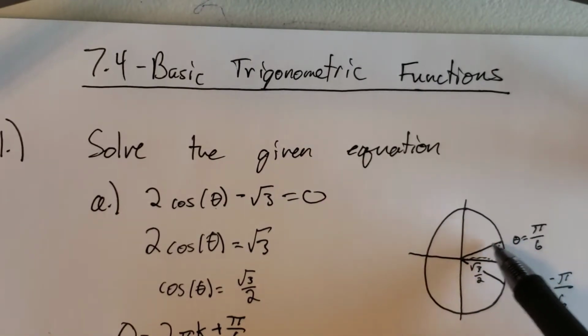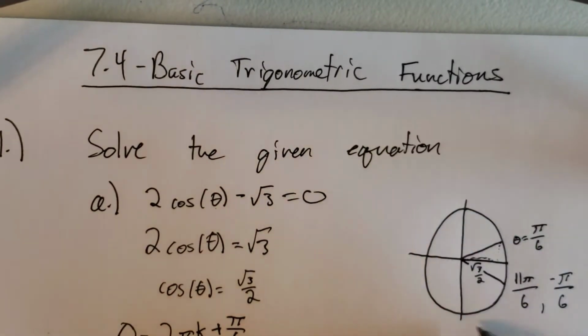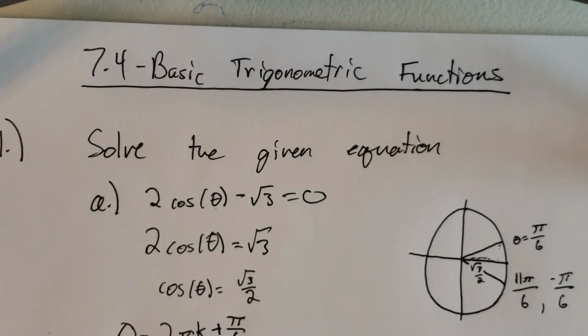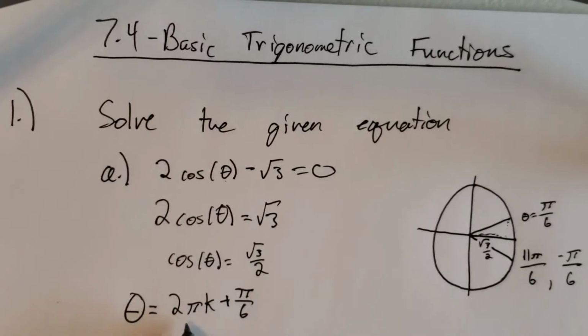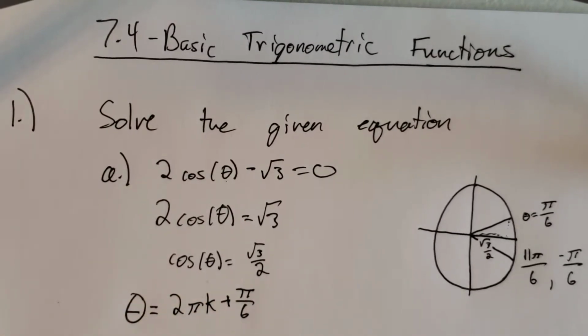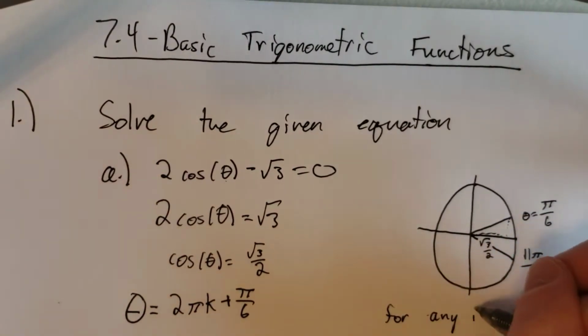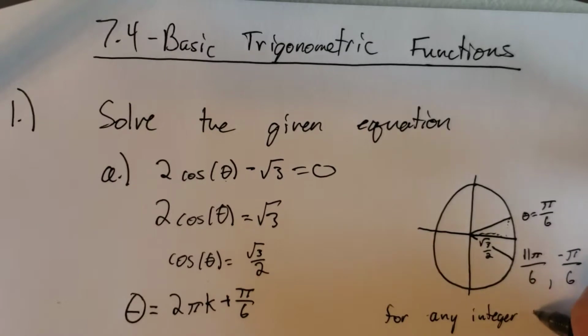So again, cosine of that angle would give us root 3 over 2. We can go another 2 pi and we get back at the same spot. We could also subtract 2 pi and get back to the same spot. So we deal with this by saying theta is equal to 2 pi k plus pi over 6. And we write that is true for any integer k.